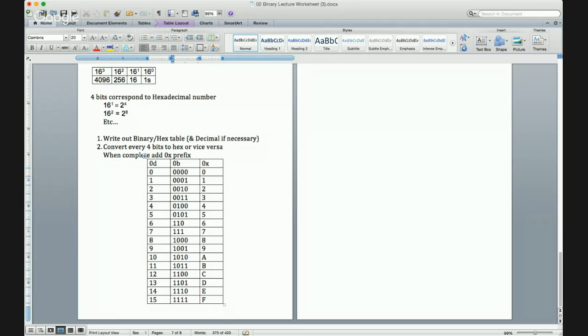Now, for converting between binary and hexadecimal, every hexadecimal digit will correspond to 4 binary bits. And we're going to look at this in further detail in just a minute. So if I were to ask you, what is the binary equivalent of 0x3f?